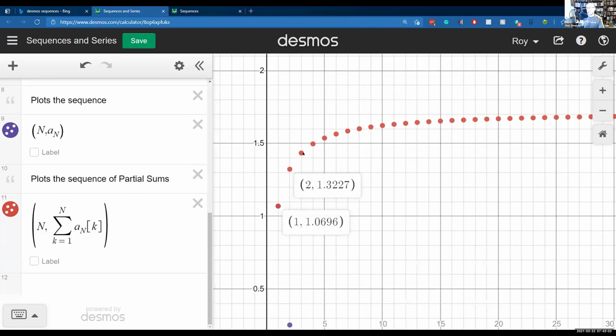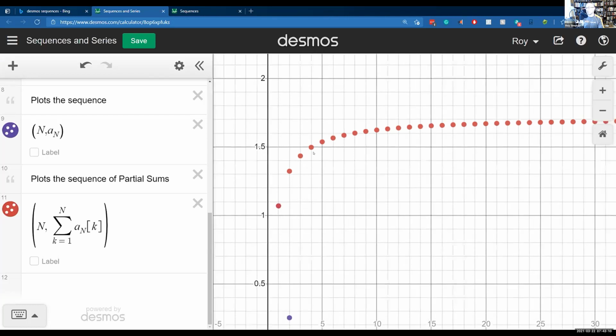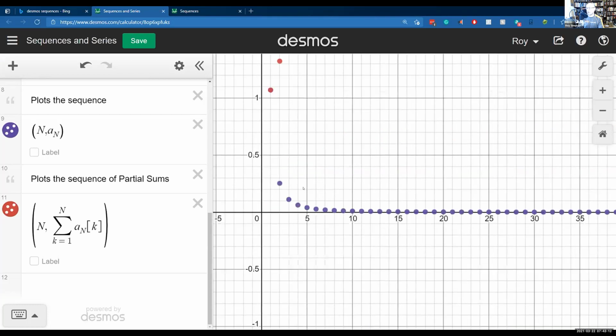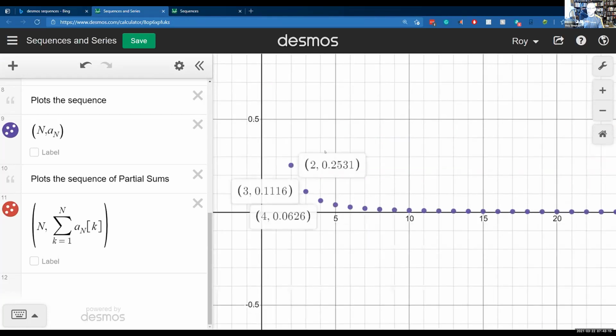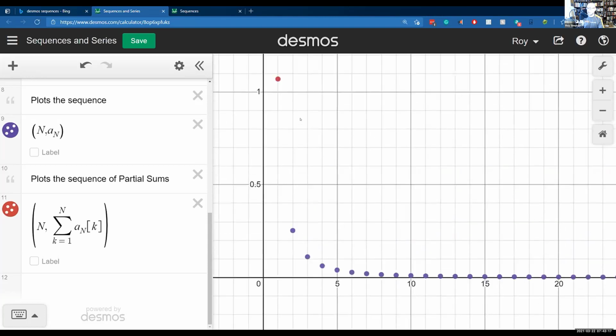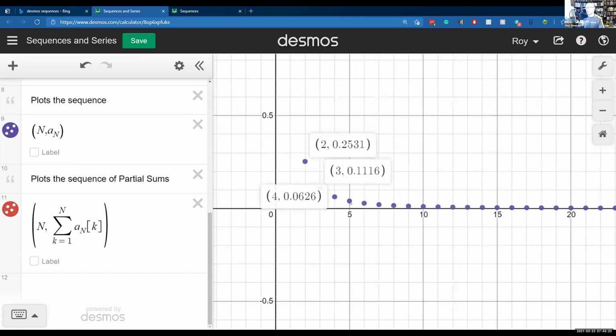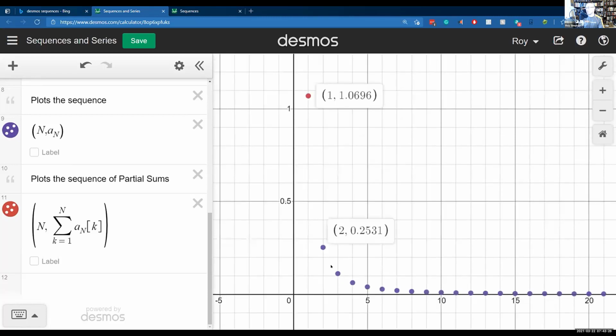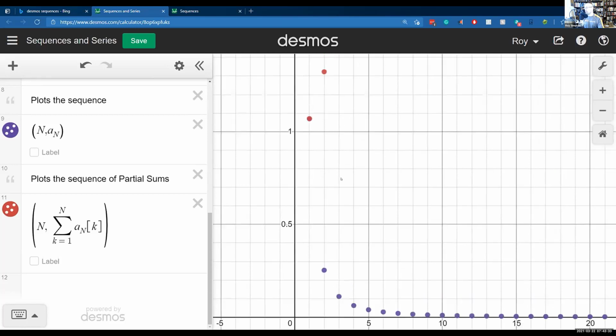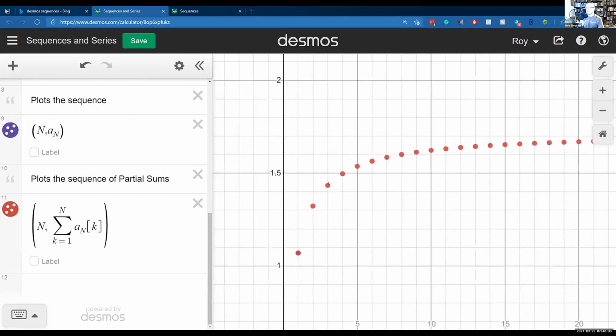And then in the next one, it's plotting the sum of the first two terms plus the next one in line, the third term, and that sum ends up being this. The fourth term would sum up 1, 2, 3, and 4, and that would be this guy right here.